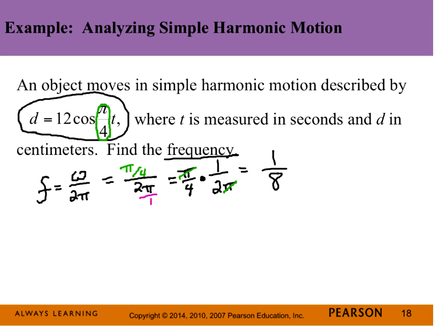My pi's divide out, and when you multiply fractions, you multiply straight across. I'm left with a frequency of 1/8 cycles per second.